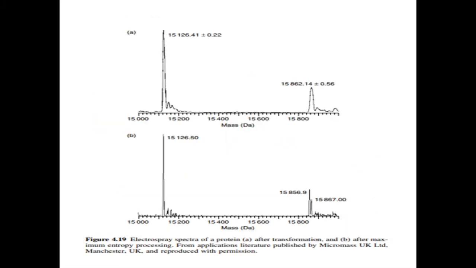As can be seen, the spectrum after maximum entropy processing, figure 4.19b, shows the presence of two discrete species that are not obviously visible in the transform spectrum.